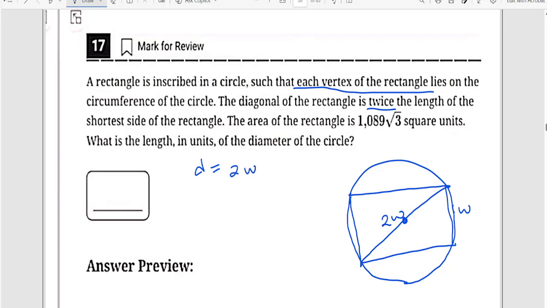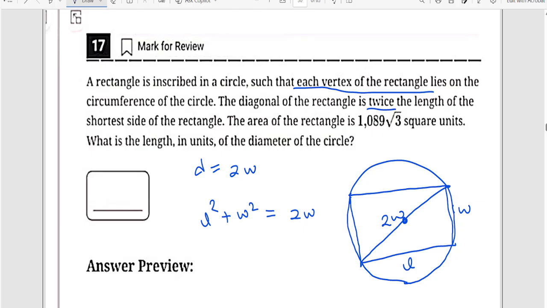So this is the diagonal. Now if we know this and this, we can use the Pythagorean theorem to find the third side of a triangle, because this is a right triangle. Suppose this is the length l. Then length square plus width square, or shortest side square, equals diagonal square.